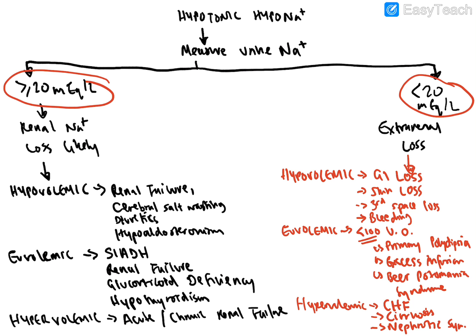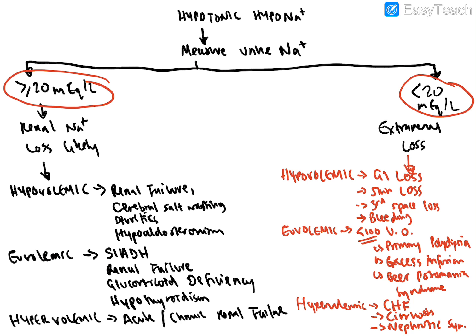These are your tonicities. If it is above 295, this is hypertonic hyponatremia. The causes would be hyperglycemia and mannitol use. If the serum osmolality is between 280 and 295, this is isotonic hyponatremia. The causes would be pseudohyponatremia and post-TURP syndrome.